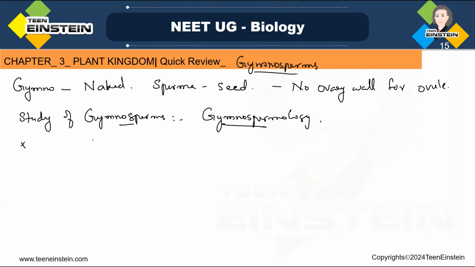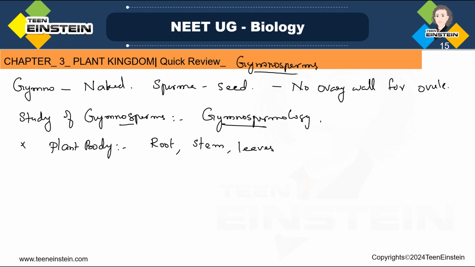Here, the main plant body of gymnosperm is divided into root, stem, and leaves.